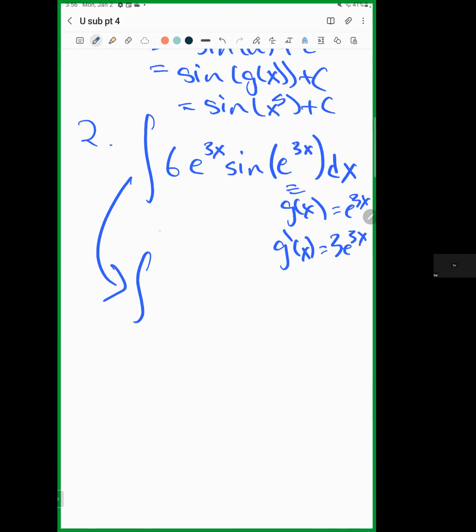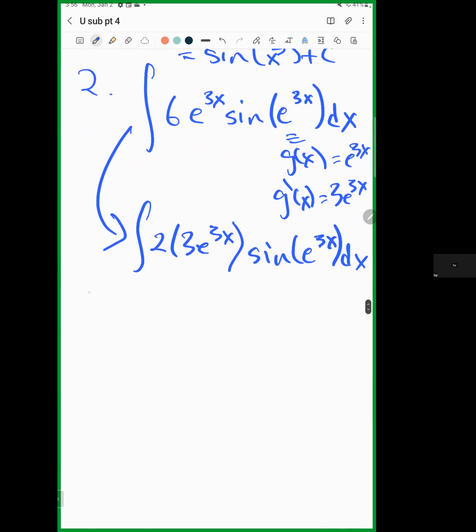Let's write the 6e to the 3x as 2 times 3e to the 3x times sine e to the 3x dx. So let's bring out the 2, and then we have 3e to the 3x times sine e to the 3x dx.